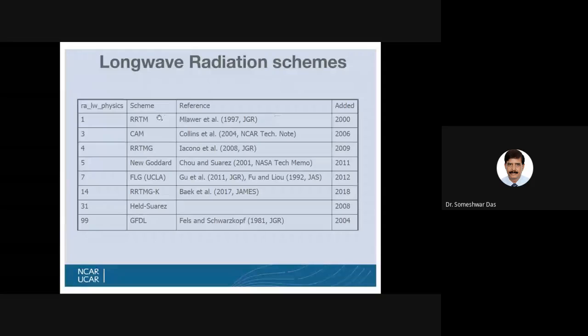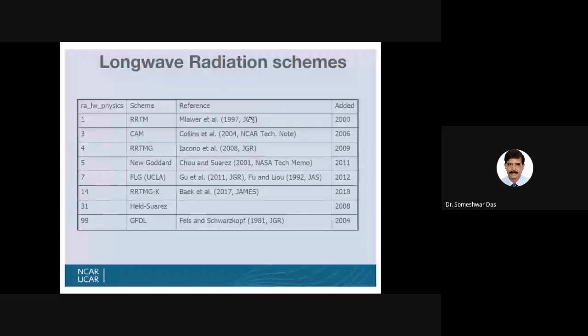Now this is the list of options available to you. You can choose option 1 or 3 or 4, 5, 7, 14, 31, 99. Each of the options indicates a scheme. For example, option 1 indicates the RRTM radiation scheme, the Rapid Radiative Transfer Model, developed by Mlawer et al. in 1997 and published in JGR, the Journal of Geophysical Research.